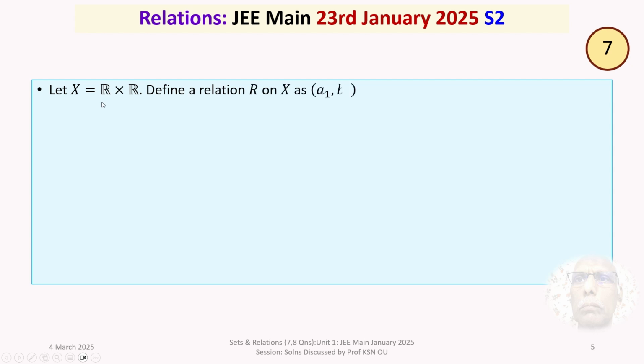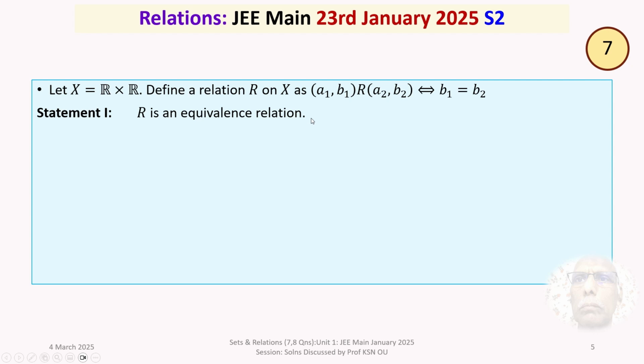Let capital X is equal to R cross R, where R is the set of real numbers. Define a relation R, capital R, on X as the ordered pair A1, B1 related by the relation R to A2, B2 if and only if their second components are equal. That is, if and only if B1 is equal to B2. We are given two statements.